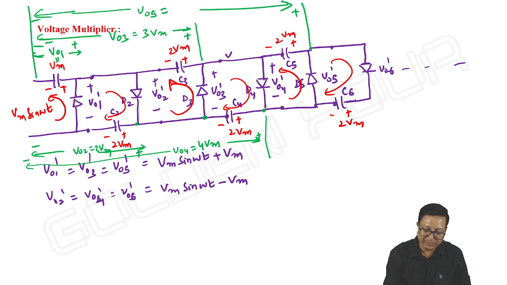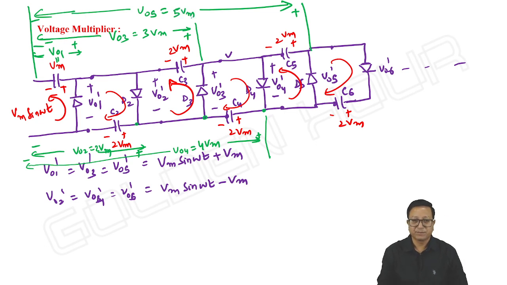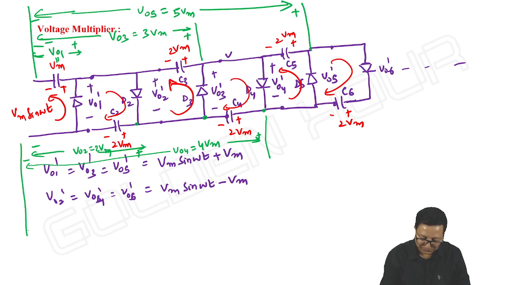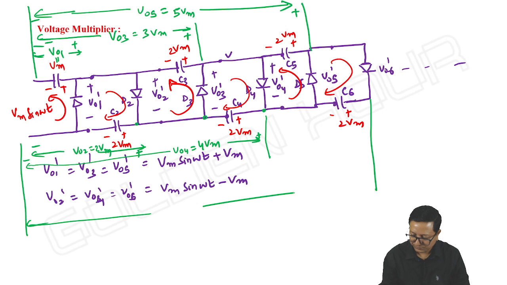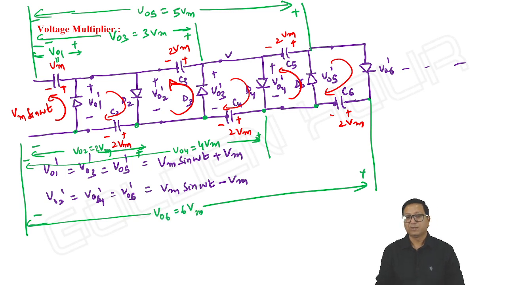Take from right to left. What do we get? 2Vm plus 2Vm plus Vm. It is equal to 5Vm. And coming downwards, right to left. So 2Vm, this voltage is 2Vm, again this voltage is 2Vm plus Vm. VO6 is equal to 6Vm. Like this we can take.